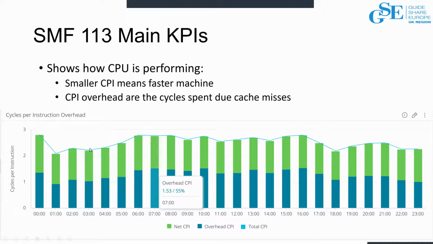With this, you can calculate and see how many cycles you are spending to access the information from a far cache level. And you can create this kind of chart using all this information inside the SMF 113 records.